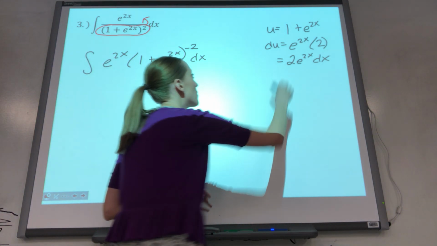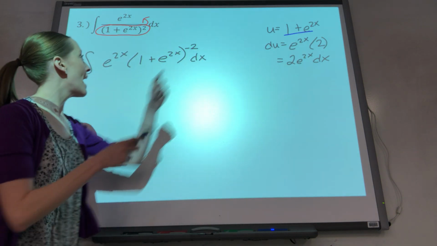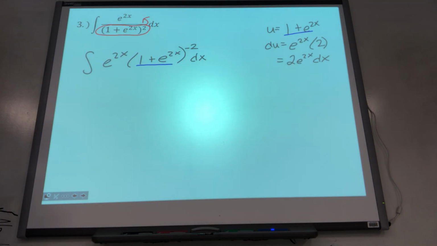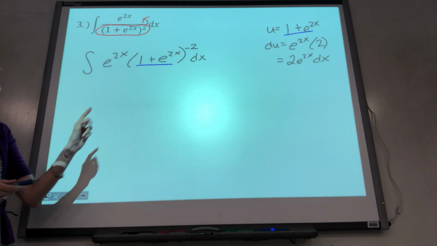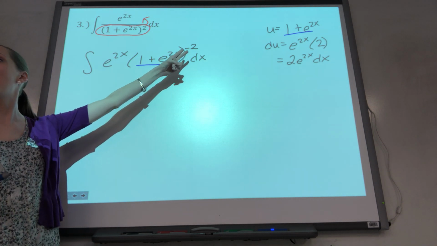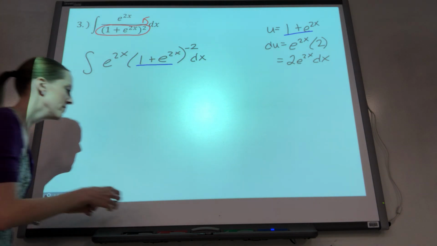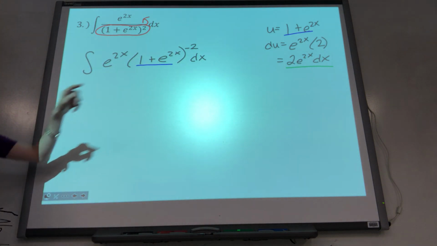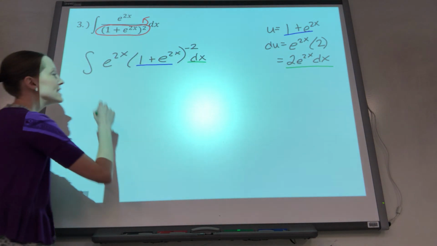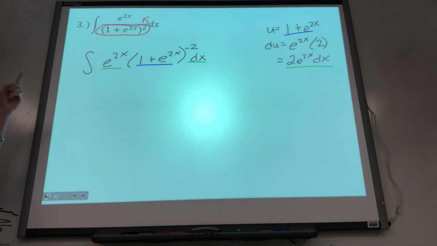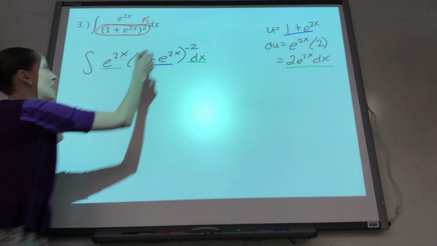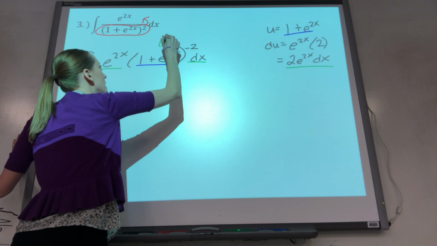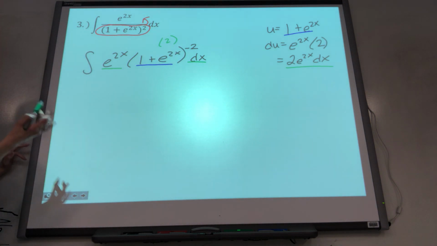Now, let's sort through this. That is u. So in the next step, it should turn into u to the negative second power. But then I need all of that for du. I have the dx. I have e to the 2x, but I don't have the 2.